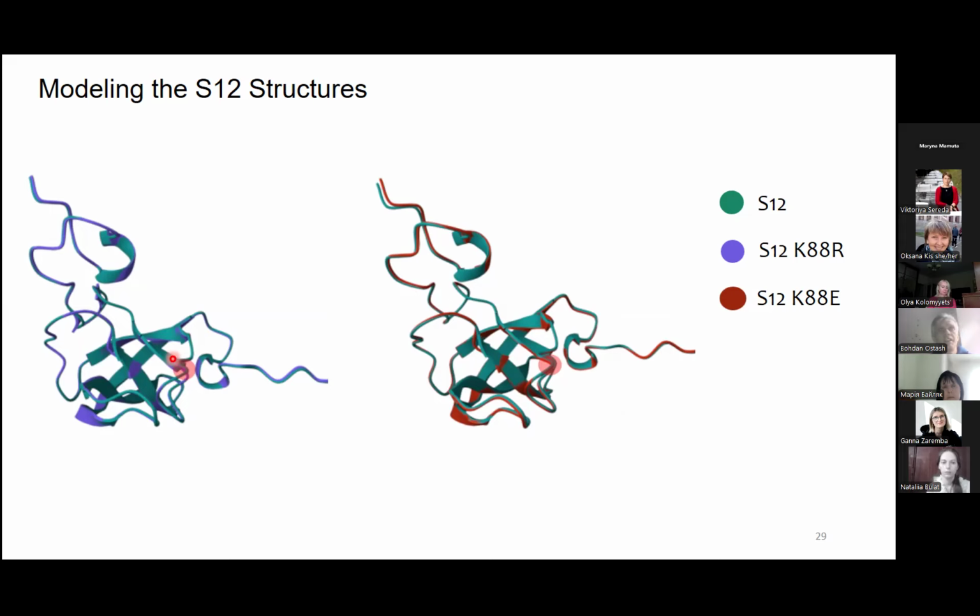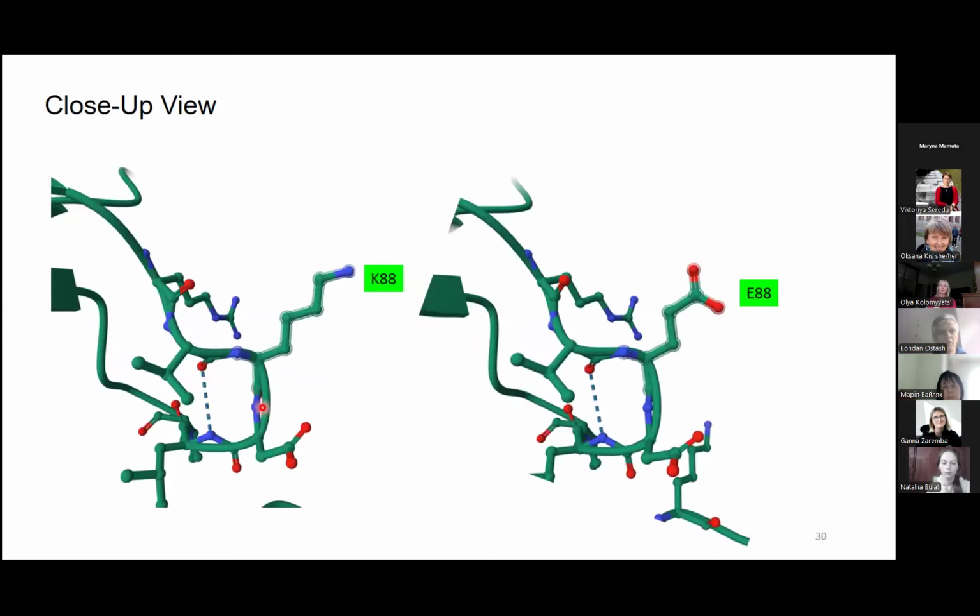And our current idea is that however tiny this change in the protein shape could be, it could be a change of one single hydrogen bond, probably. It might affect neighboring proteins. The ribosome, the protein synthesis machinery, consists of almost 50 proteins, and protein S12 is located between its neighbors.